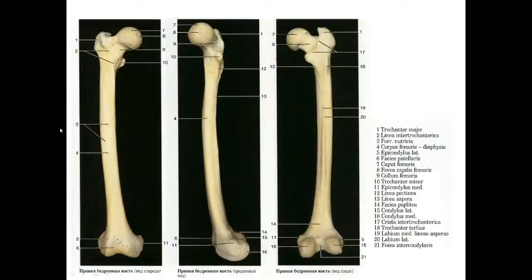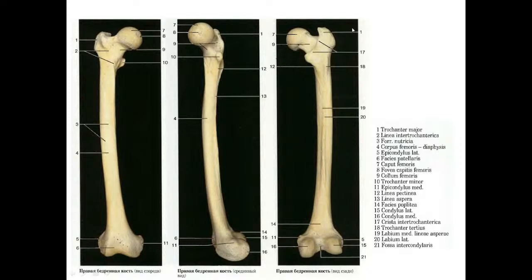Now, on the natural bone you see the caput, neck, trochanter major, trochanter minor. You see the body, epicondylus lateralis, epicondylus medialis, facies patellaris, condylus lateralis, condylus medialis.